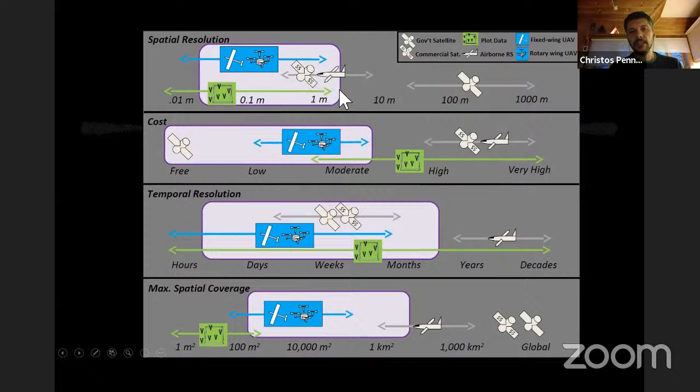Commercial satellites and airplanes, helicopters, or whatever are producing a little bit lower spatial resolution, like 1 meter or something like that, where the governmental satellites, the free satellites, are giving us data with even lower resolution, between 100 to 1000 meter per pixel.